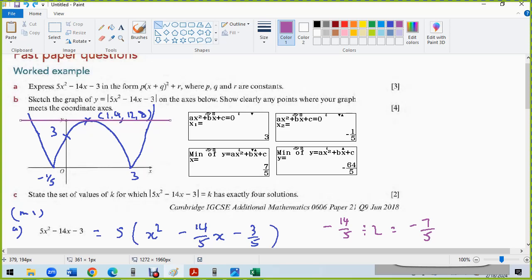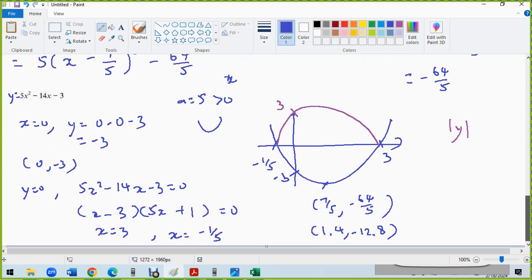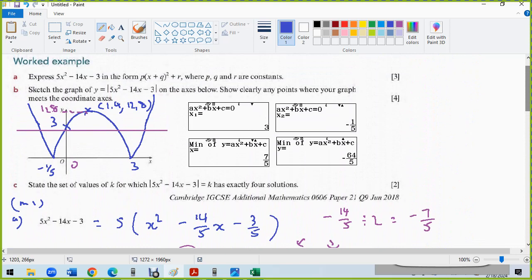So for 4 solutions, it will be between 0 and 12.8. So the answer for C is that the value of k is between 0 and 12.8.